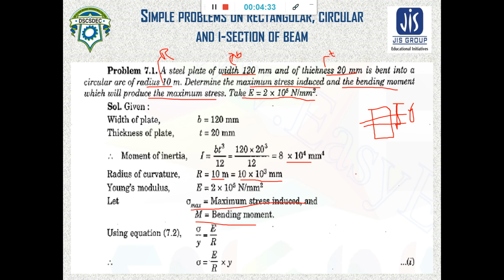First, we know the equation of bending is M by I is equal to sigma by y, which is equal to E by R. Now if we take only this part, sigma by y is equal to E by R, then from here we can find out the value of sigma.